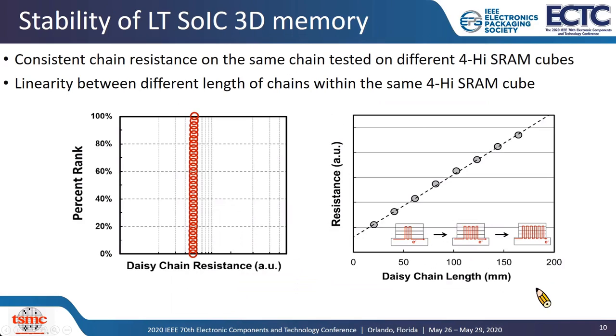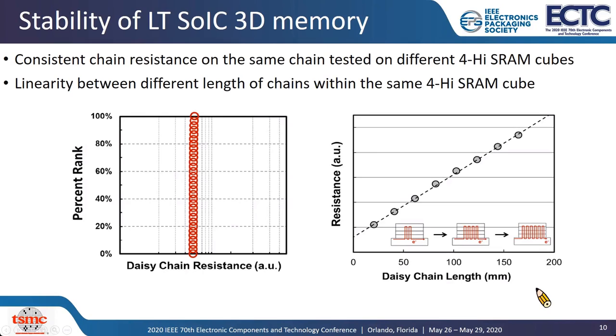To validate the stability of the low-temperature SOIC, in the left figure, we examine the same daisy chain on different 4-high SRAM samples. It shows a very steep chain resistance accumulation line, which indicates the chain resistance across different 4-high SRAM cubes is almost the same.